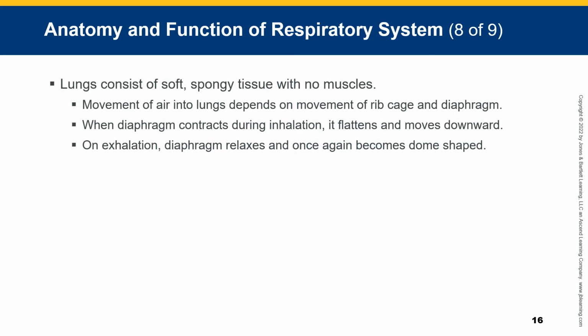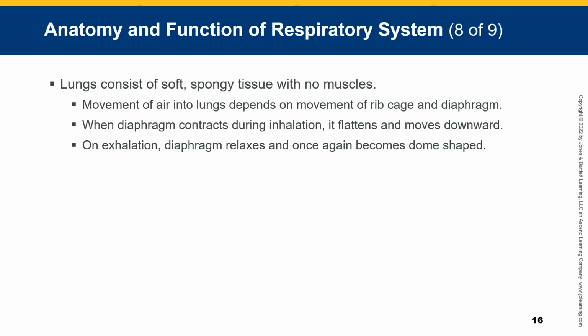The lungs consist of soft, spongy tissue that has no muscles. The movement of air into the lungs depends on the movement of the rib cage and the diaphragm. When the diaphragm contracts during inhalation, it flattens and moves downwards, drawing air into the lungs.